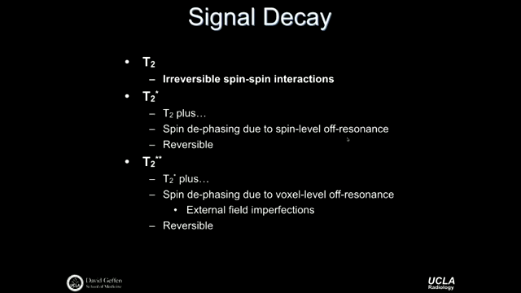So things being off resonance really close to the molecular level, if you will. And if we use the right sequence of RF events and RF pulses, that's in principle reversible. It's caused by fields that we can effectively reverse the effects of. There's also this T2 star star, which is just T2 star plus spin dephasing due to voxel-level off resonance.